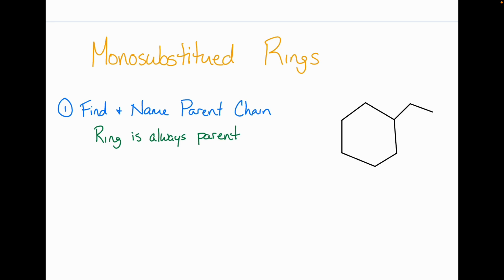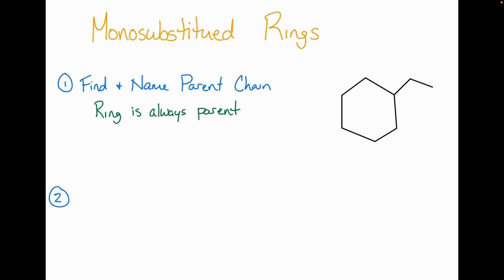And truthfully, in the awful world of nomenclature, there are some examples where they don't consider it that way, and we're just going to pretend those don't exist. So as far as we're concerned, the ring is always the parent chain. What was step 2? The substituents. So we're going to find and name our substituents.